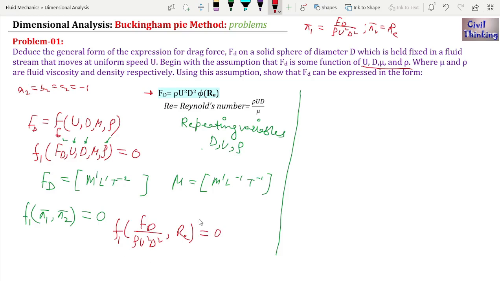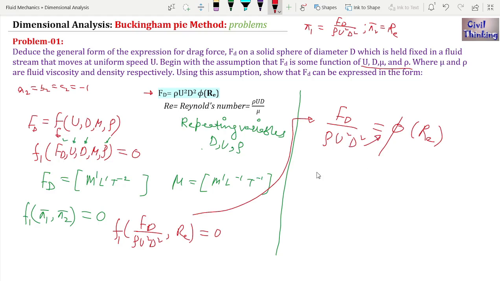Now we can also write it like this: drag force Fd divided by rho u square d square is another function of the Reynolds number. Or I can put the denominator on the other side, so I get Fd equal to rho u square d square times a function of the Reynolds number. So you can see here rho u square d square times a function of the Reynolds number, and we got it. We found the equation of drag force.